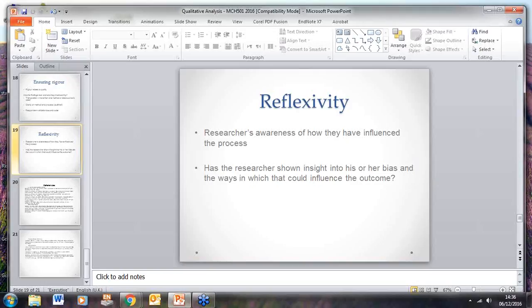Yes, in your search strategy, which is section 2 of your assignment, and we'll recap the assignment guidelines next week. But in that second section, you're very much looking at what data searches did you do, where did you look, so what databases did you go to, how many articles did you come up with, and how did you refine those articles, and what led you to choose the articles that you've chosen.